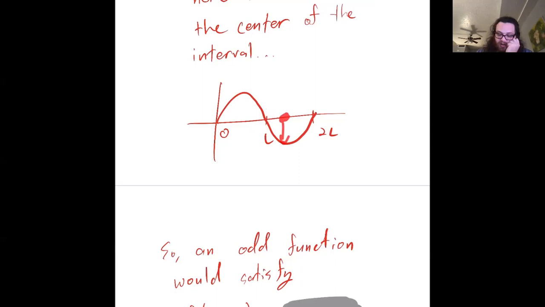If we go the same distance to the other side of the center, and then look at a point here, the value that we get up here is exactly negative the value down here. Okay, so sure, sine is odd with respect to x equals 0, but in a sense, it's also odd with respect to L. Okay.